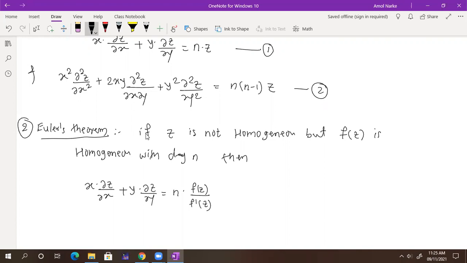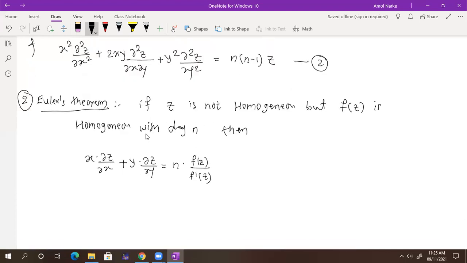Initially we have n into z only if z is homogeneous. But suppose z is not homogeneous, so you convert that z into f of z, and then the value of that operator changes: instead of z, you get the numerator as f of z and the denominator as its derivative f dash of z.